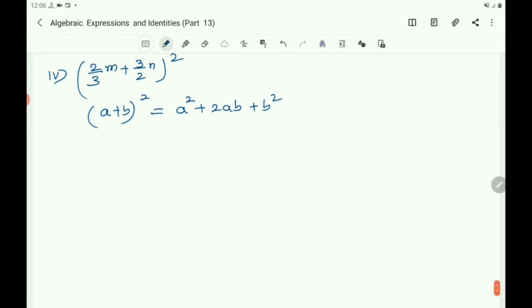Then you write 2 by 3m plus 3 by 2 n whole square equals a square.